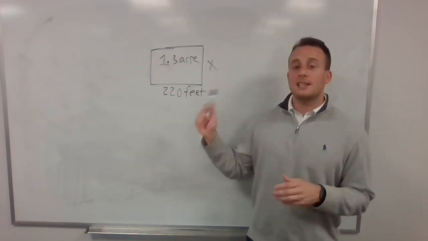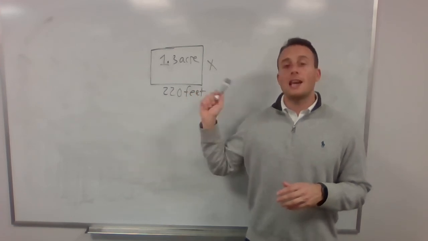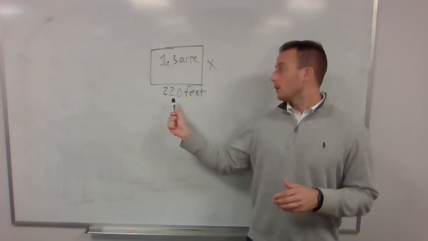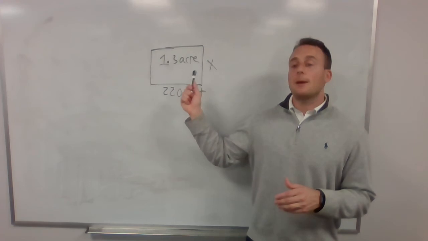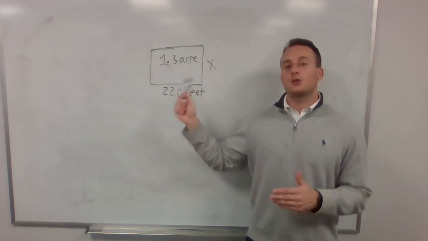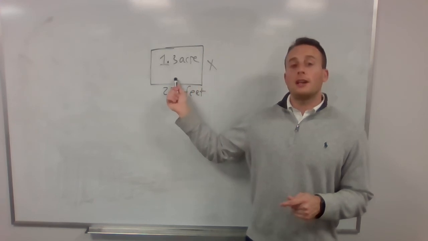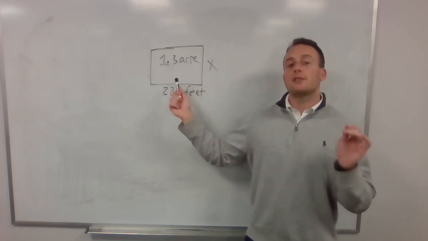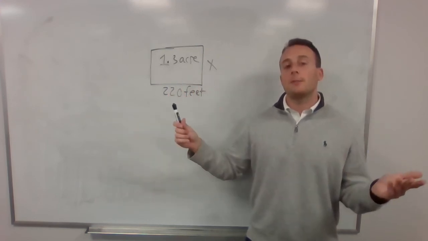So for this, again, if I've got a 1.3 acre rectangular lot, front is 220, finding the depth. Number one, I have to find the area of this rectangle. To find the area of this rectangle, I do 1.3 times 43,560, which is how many square feet happen to be in an acre.